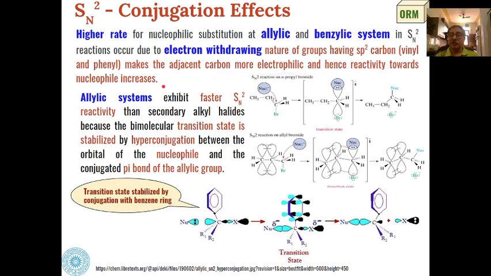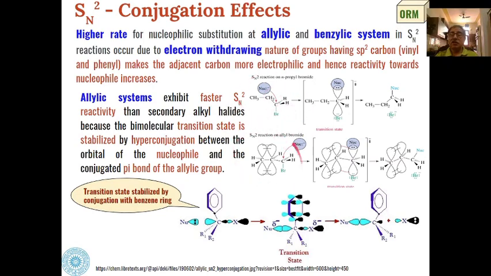Now, allylic systems exhibit faster SN2 reactivity than secondary alkyl halides, because here these are secondary alkyl halides and these are allylic systems.